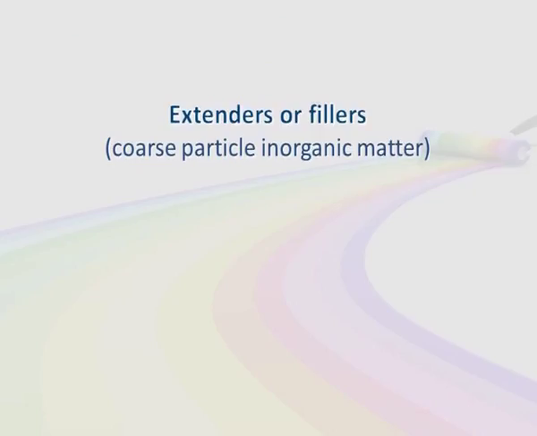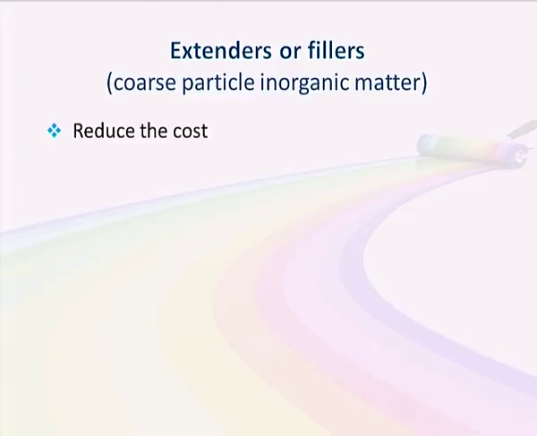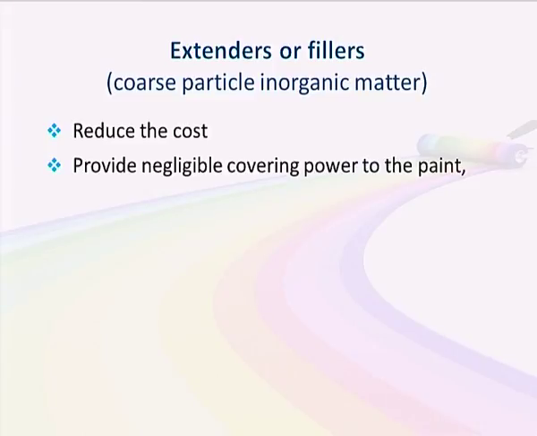Next constituent of paint is extender or filler. These are basically coarse particle inorganic matter. They are low refractive index materials, generally of white color. They are added to reduce the cost, to provide negligible covering power to the paint.